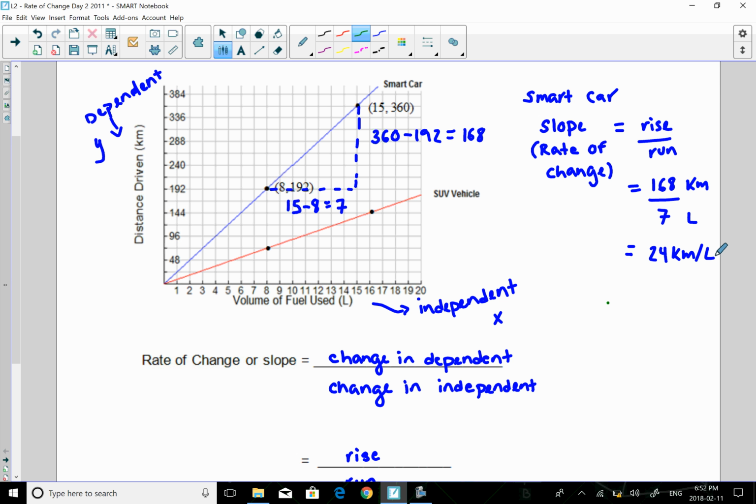Now let's compare it with the SUV vehicle. Let's use the 2 points highlighted. This point here is 16 and 144, and this point here is 8 and 72.